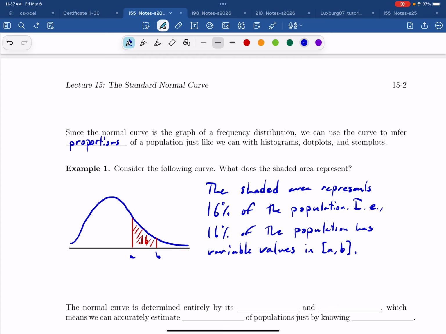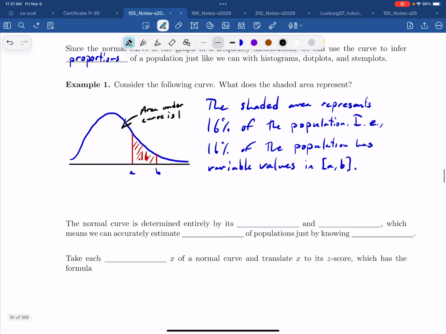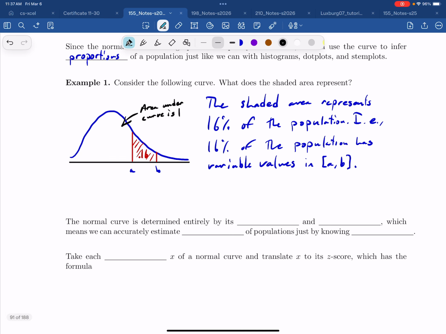And again, this is just true in general. And the assumption that we make here is that the total area under the curve is 1. That is just our definition. We assume that that area equals 1.